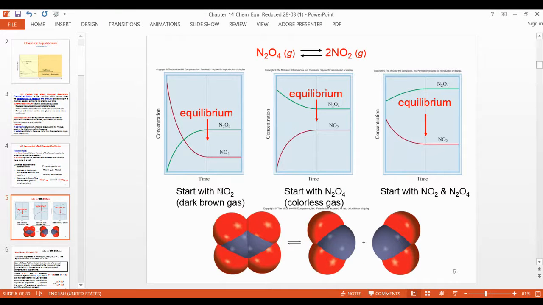Different way, right? Start with NO2, the dark brown gas is formed. Start with N2O4, colorless gas. And start with NO2 and N2O4, both means same rate. It reduces means reactant changes, and at the same rate the NO2 is formed. NO2 is reduced here because reactant showing here, and N2O4 is formed, that is the green color.